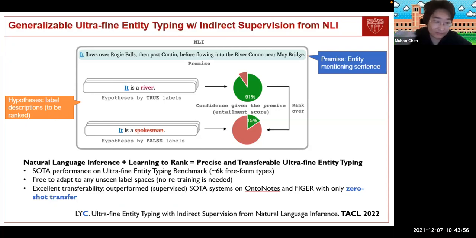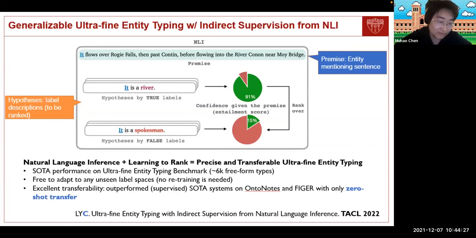So here we have three benefits from this system. First of all, we can borrow strong indirect supervision signals from pre-trained NLI, in comparison to previous models, which just use language models for feature extraction but do not have any pre-existing inference ability. That's benefit one. Benefit two is that we can allow any unseen label to appear in the inference phase. We can freely convert them into a natural language description that serves as a hypothesis.